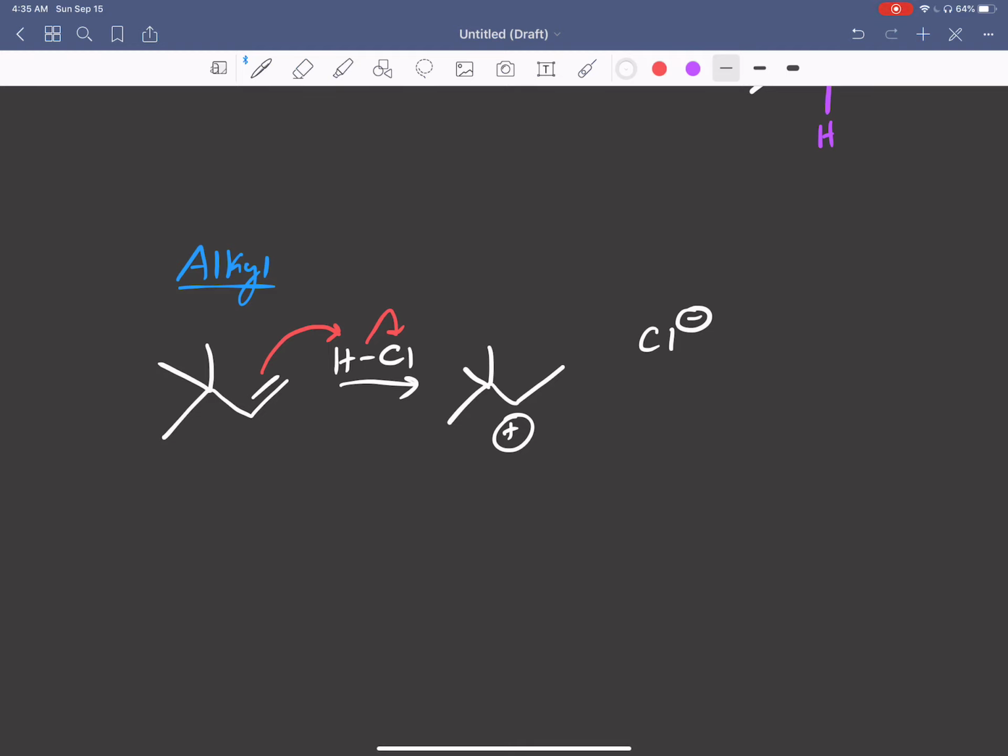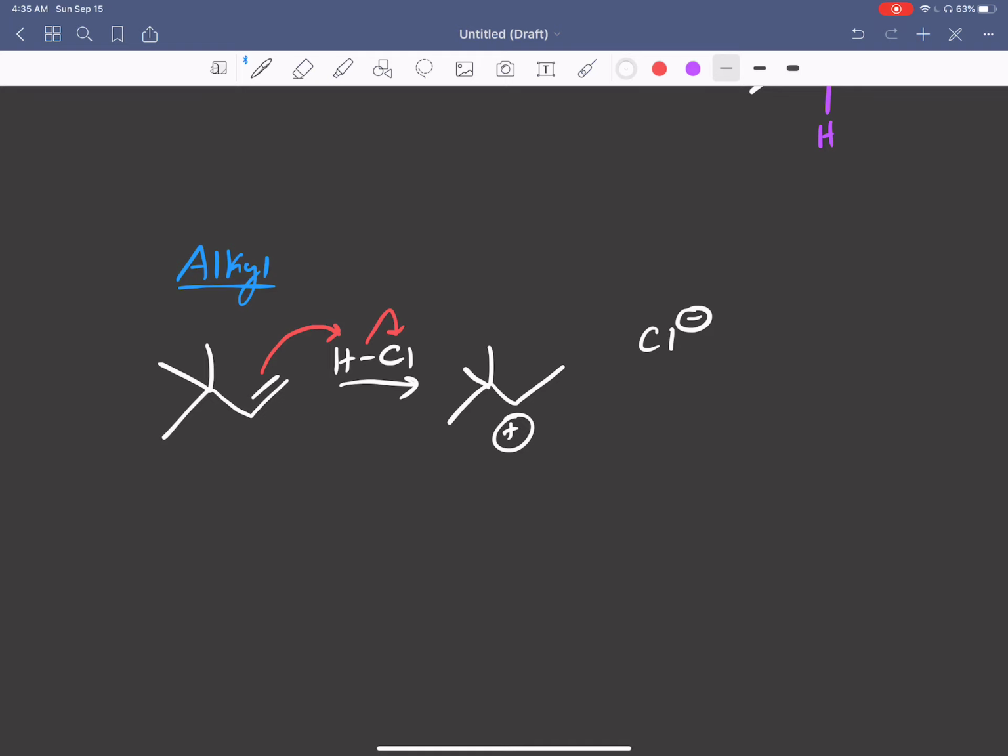And so an alkyl shift is the same concept as a hydride shift, all right? But instead of moving a hydrogen, we're now going to be moving an alkyl group. It could be a methyl, it could be an ethyl. It doesn't really matter, all right? And so how do we show this?